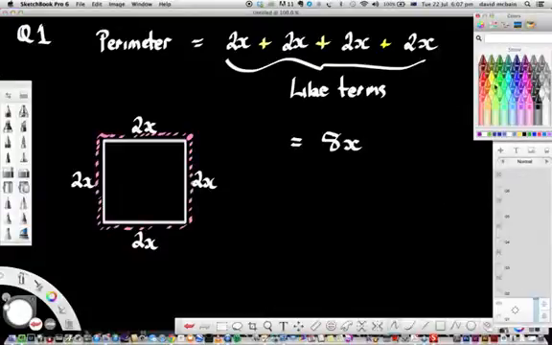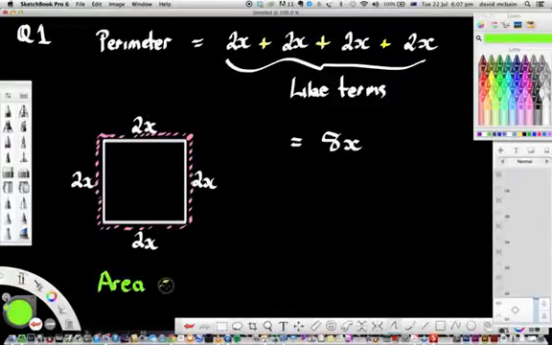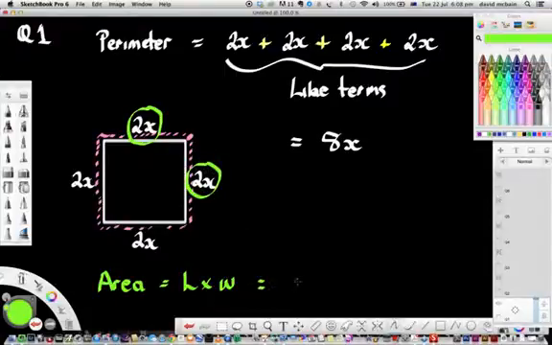So that's our formula for the perimeter. The area of this square is length times width. So area is equal to length multiplied by the width. Well, the length is the same as the width in this example. So it's going to equal 2x times 2x again.